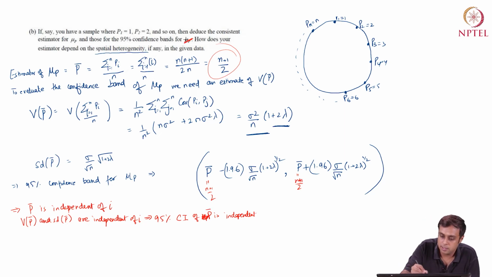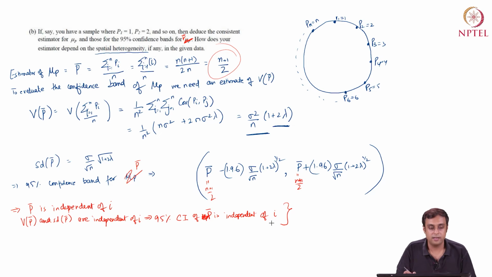That's something you can call a typo in the question, but I've corrected it here. So this 95% confidence interval is also independent of i. That means that our estimators do not depend on spatial heterogeneity. There is no impact of spatial heterogeneity on our estimators.